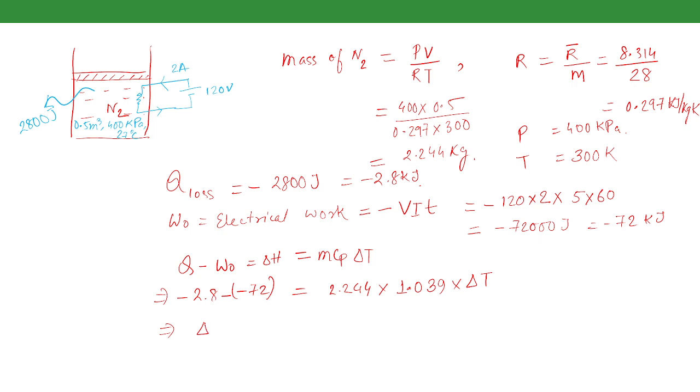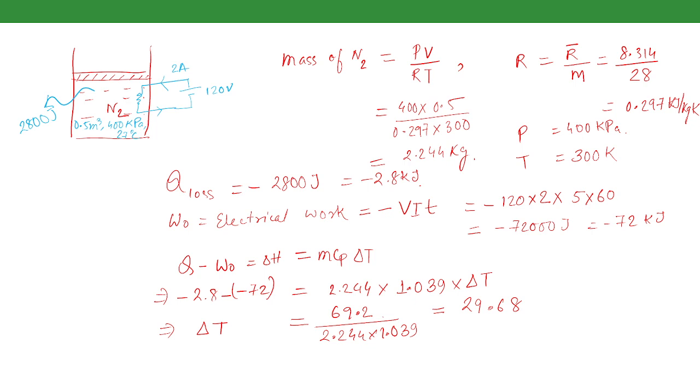So this value delta T comes out to be minus 2.8 plus 72, that is 69.2, divided by 2.244 multiplied by 1.039. This value comes out to be 29.68.